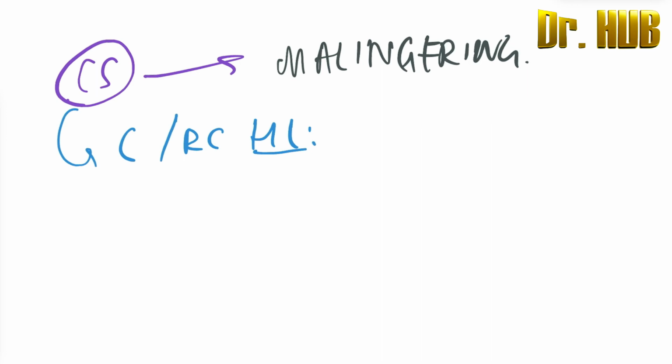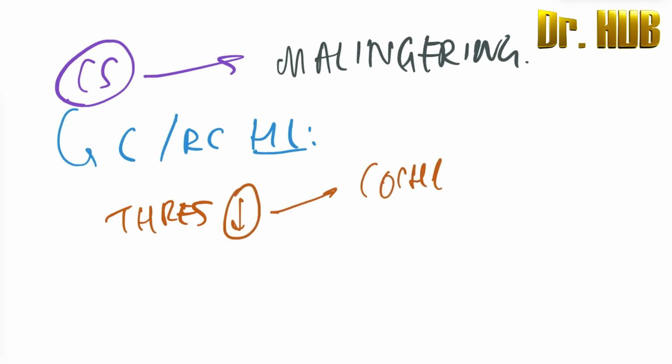The threshold is decreased in cochlear lesions because of recruitment, whereas it is increased or even absent in retrocochlear lesions.